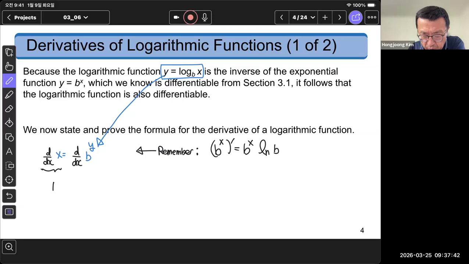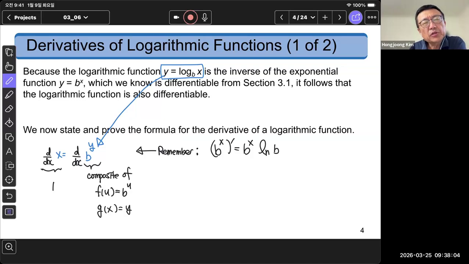Now, when you look at this b to the y, I have the composite of two functions, f of u defined by b to the u and g of x, which is y.